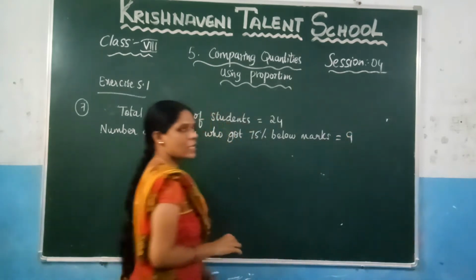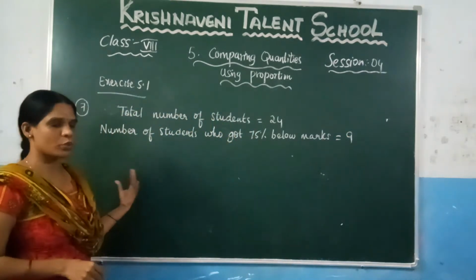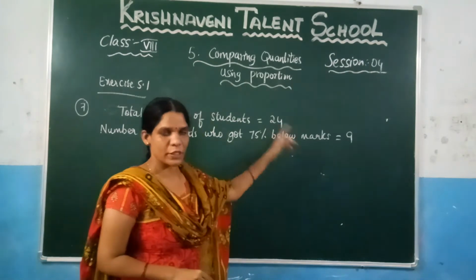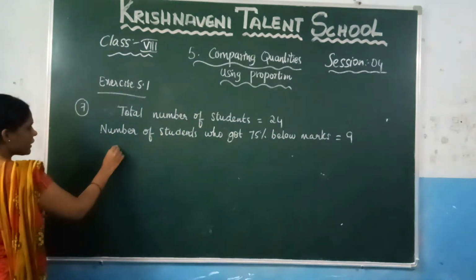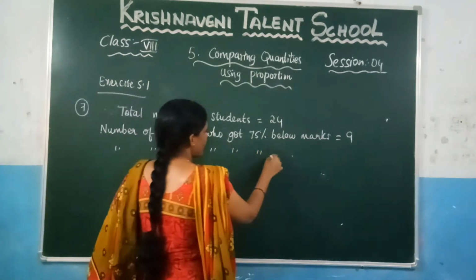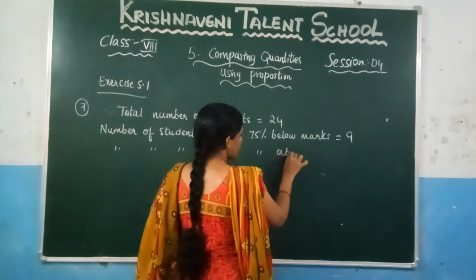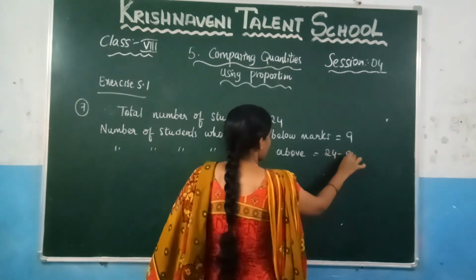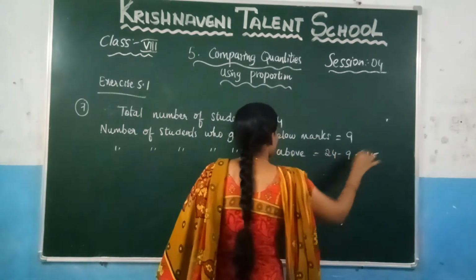How many students are there? 9 students. If you want to know the number of students who got 75% above, you need to subtract those two. So write it here: the number of students who got 75% above. You need to subtract 24 minus 9 so that you will get 15.